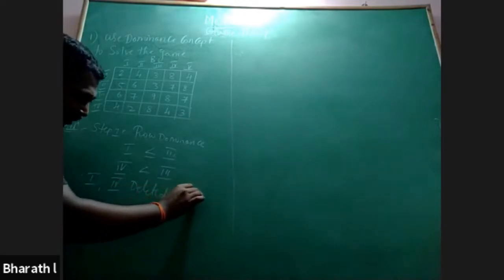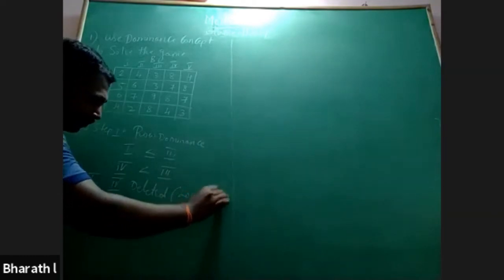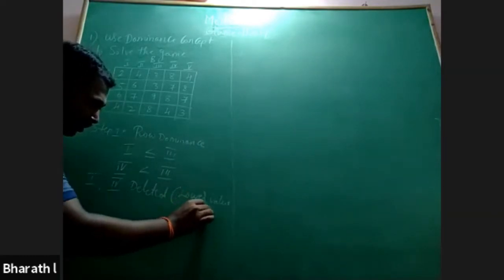Therefore, the lower value rows, row 1 and row 4, are deleted. When you delete first and fourth, the left out strategies are second and third.